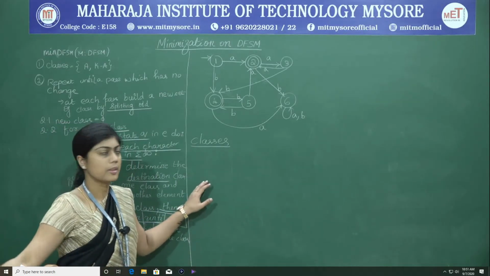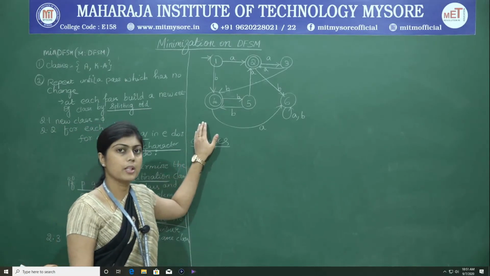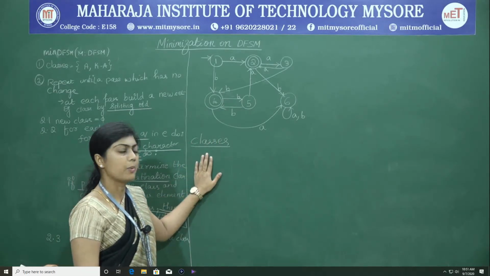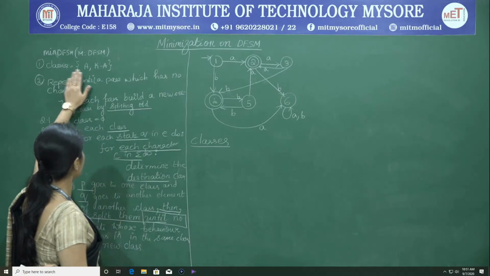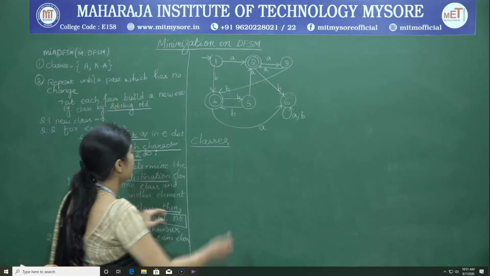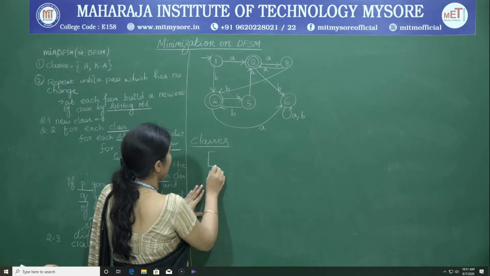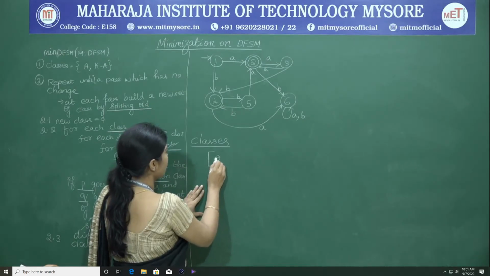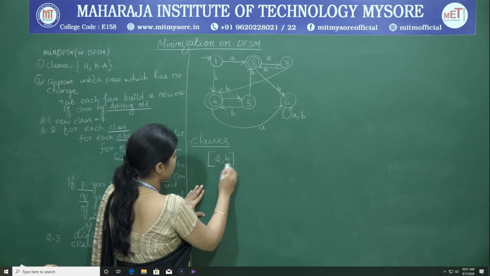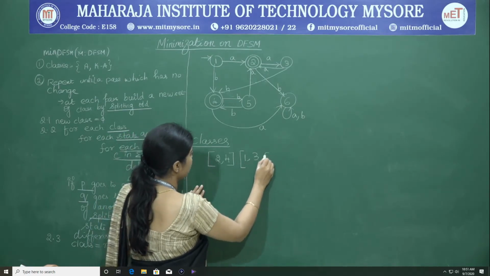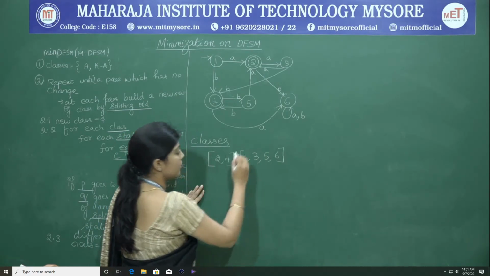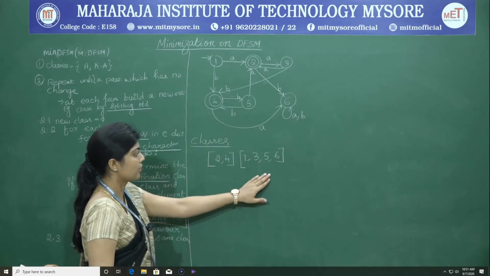This is the problem that we are considering, and we are going to split it into classes. The initial classes that we are going to create are A and K minus A. A is nothing but the set of accepting states. So 2, 4 is in the first class, and the rest of the states, that is 1, 3, 5 and 6, are there in the next class. This is how we split the classes.